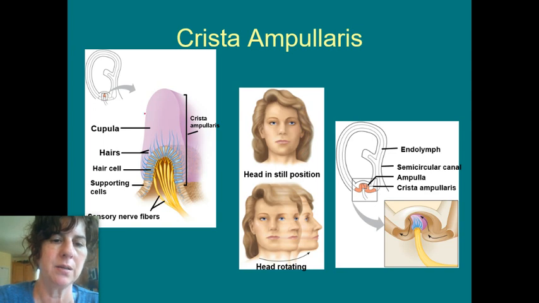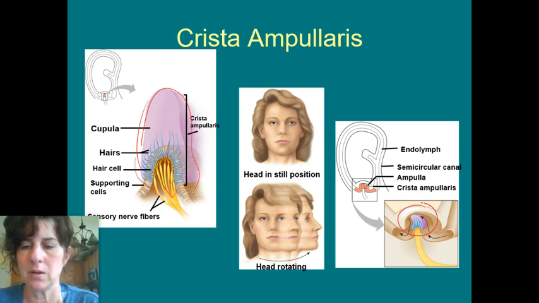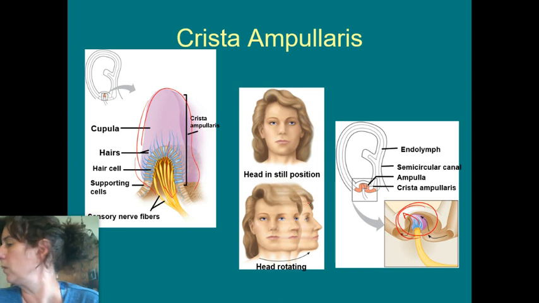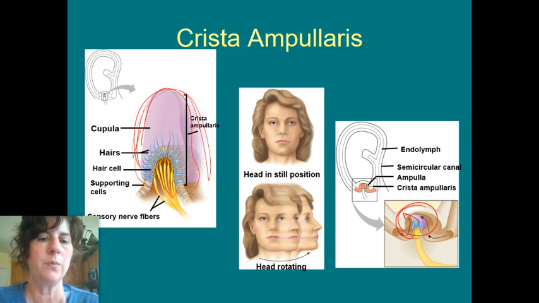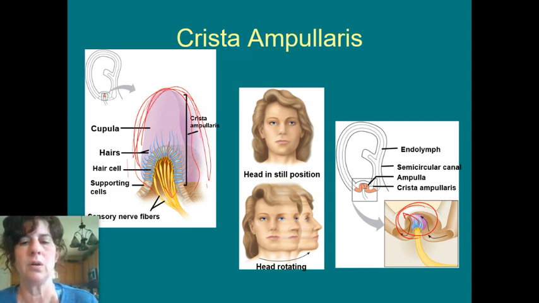There's the hair cells. So crista ampullaris with the hair cells, and that sends that information. If you can see here in this picture, you can see how it bends. So as she starts rotating her head and moving her head, it's going to bend this whole cup right here, crista ampullaris, and then stimulate those nerve cells on the inside.